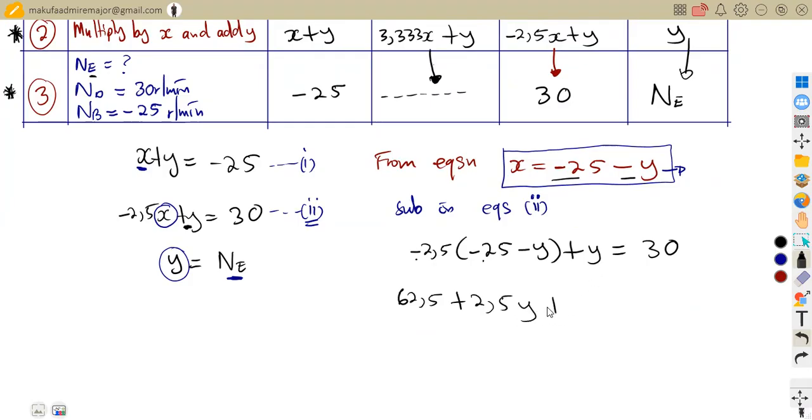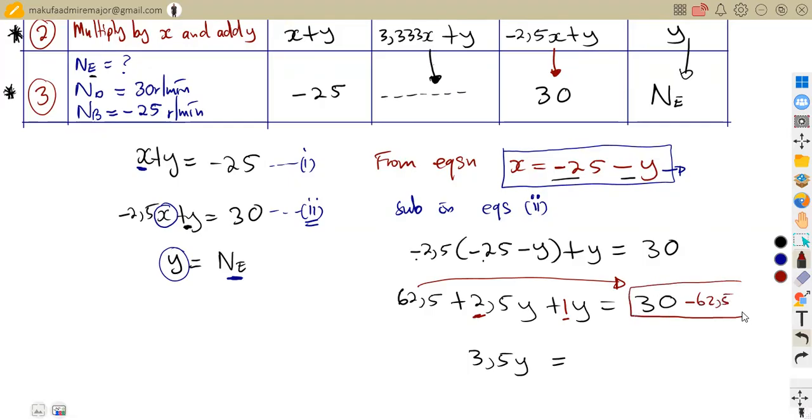Then here there is a plus y, which is going to be equal to 30. Collecting like terms, 2,5 y plus 1 y is going to be 3,5 y, which is equal to, transpose this to the right hand side so it becomes a negative. So you're going to have negative 2,5 on negative 62,5. If we subtract, we are going to obtain negative 32,5.